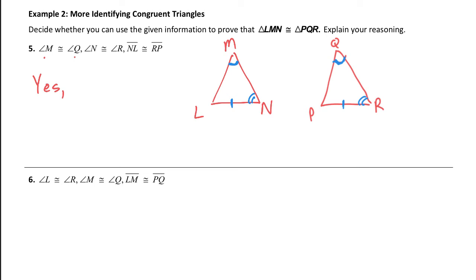So I would say yes, and I would say triangle LMN is congruent to triangle PQR by AAS. Two angles and a non-included side are congruent. So I would say yes, they are congruent by AAS.